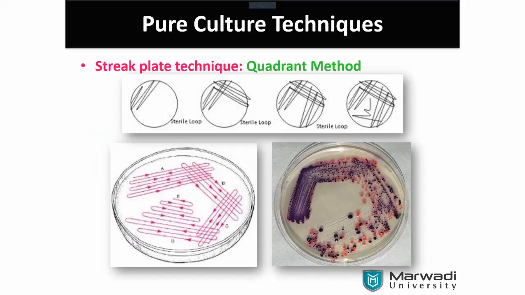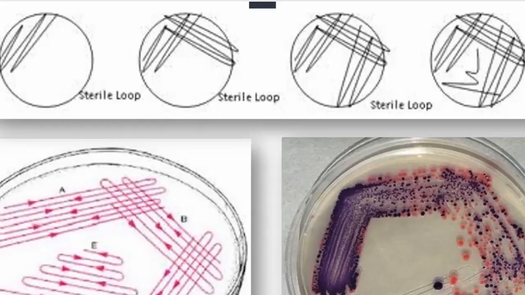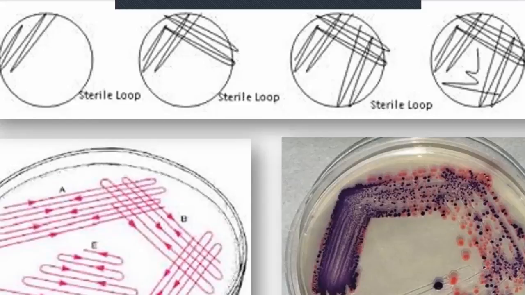Now I am not going to streak directly; I will select where the cross is. This means I will start, and the important part is where I start. The loop from here is going to touch another part, so if it is continuous, then the isolated colony may not form.